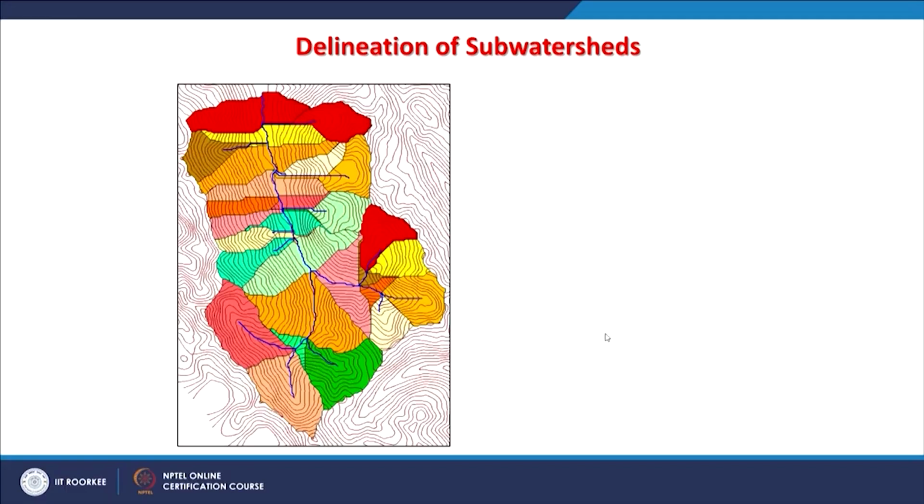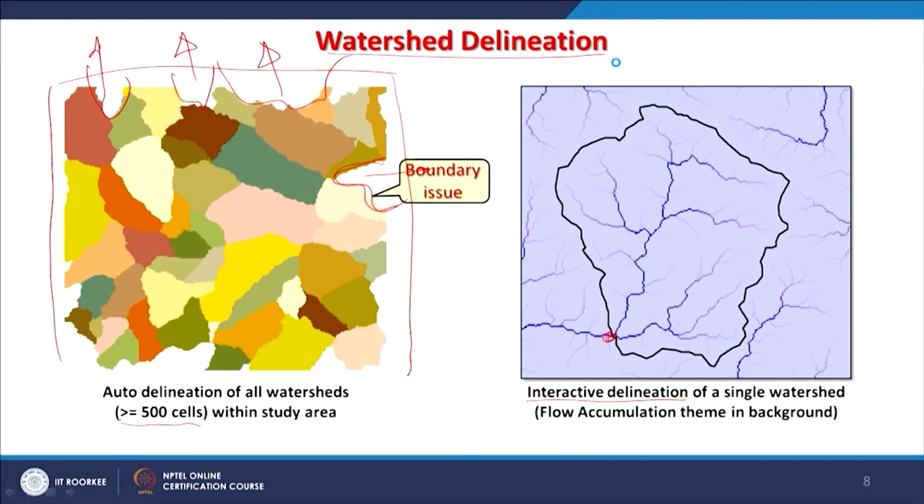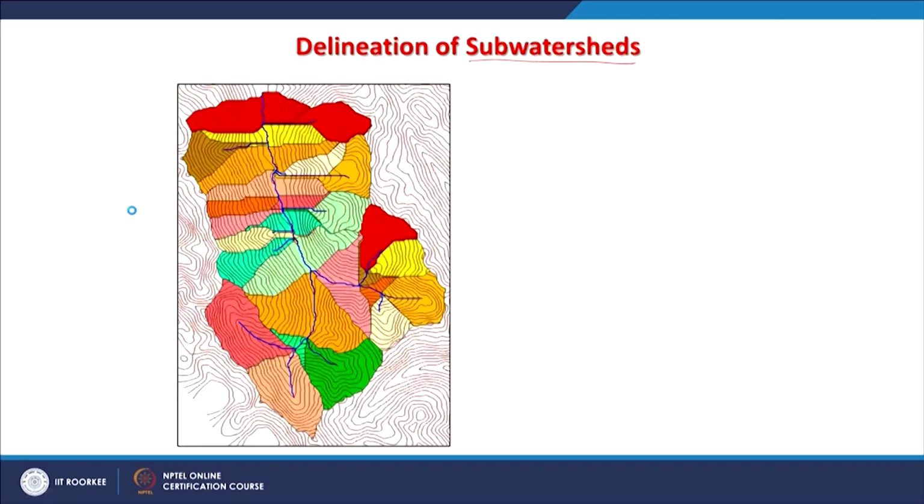Now, delineation of sub watersheds can also be done. Here these can also be considered sub watersheds, which are small, but if this is the outlet, these are the sub watersheds, and overall this is the watershed for the entire input area. That means a large watershed can have many sub watersheds, or you can say each stream segment will have its own watershed.